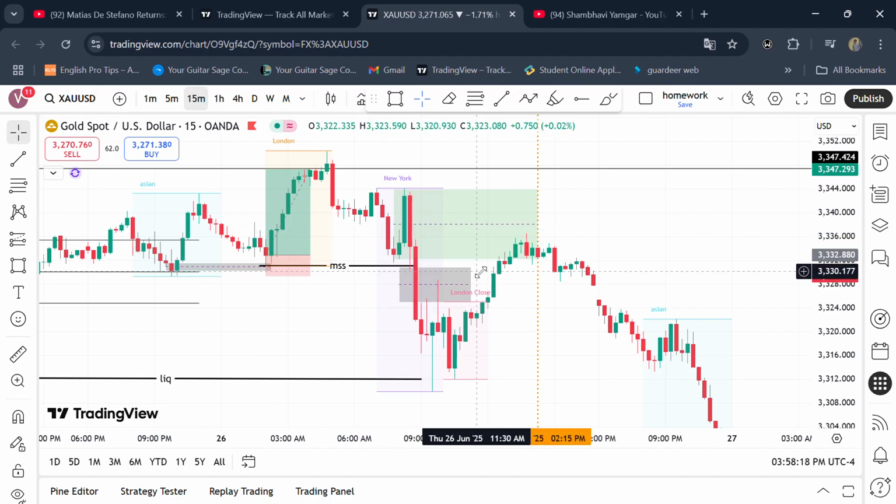So now what do we get from this? We can say that this green box is the place from where we can expect the price to take a rejection.